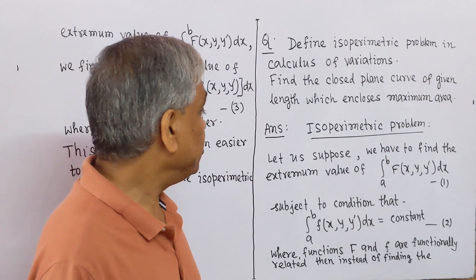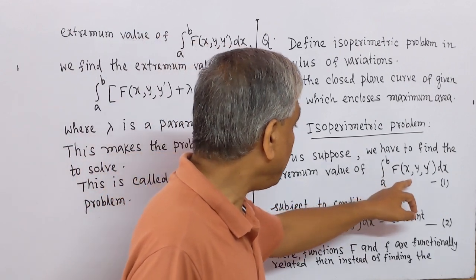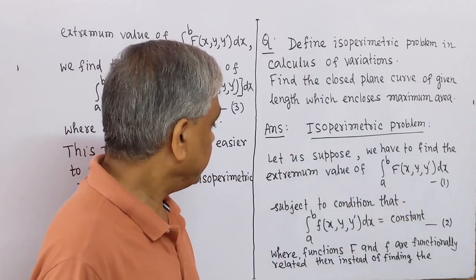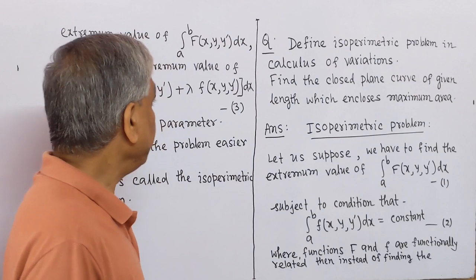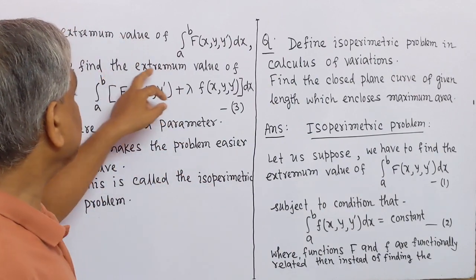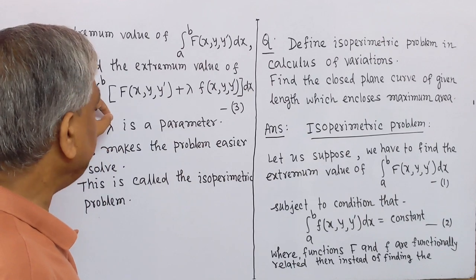Then instead of finding the extremum value of 1, means extremum value of this integral, we find the extremum value of integration limit a to b.